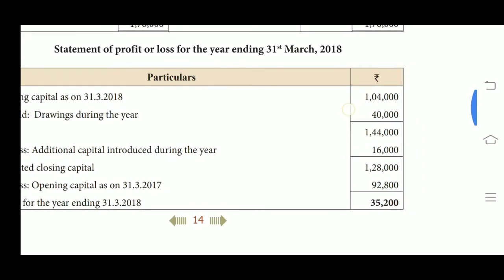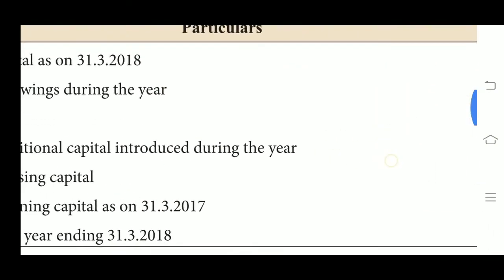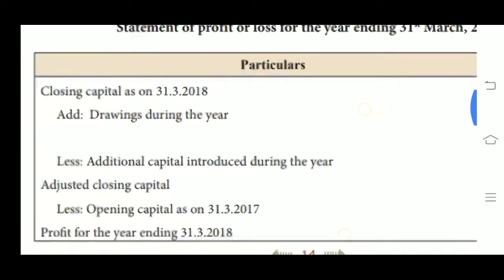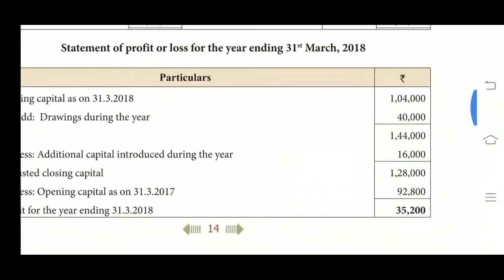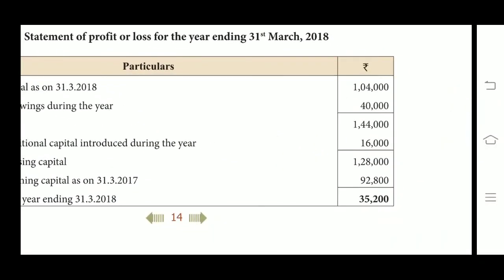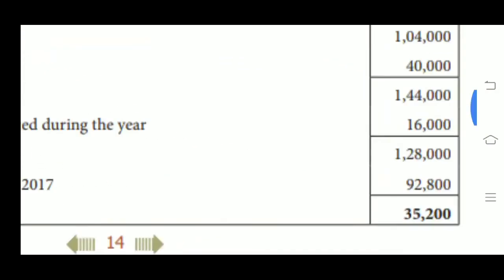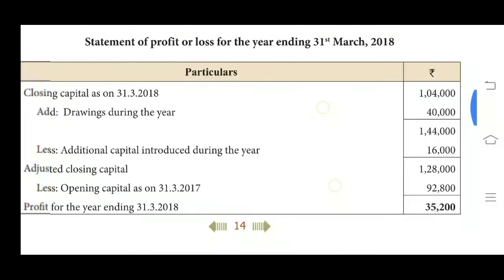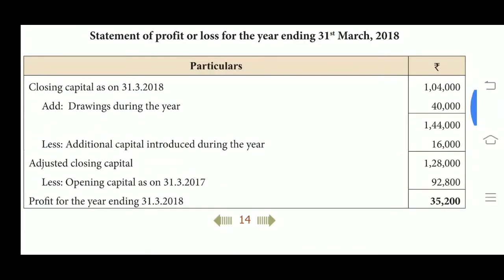Add the amount of drawings to the closing capital, 40,000. So 1,44,000 in total. Then deduct the amount of additional capital introduced during the year, 16,000. So total 1,28,000. 1,28,000 is known as adjusted closing capital.